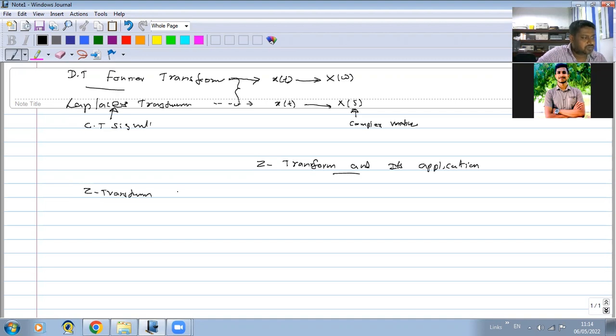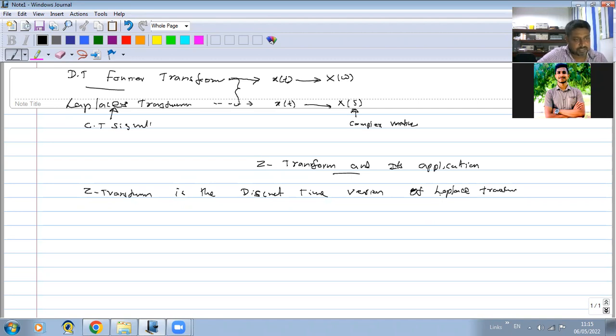So we can say that the Z transform is the discrete time version of the Laplace transform. Many properties and concepts are basically equipped with this Laplace transform.